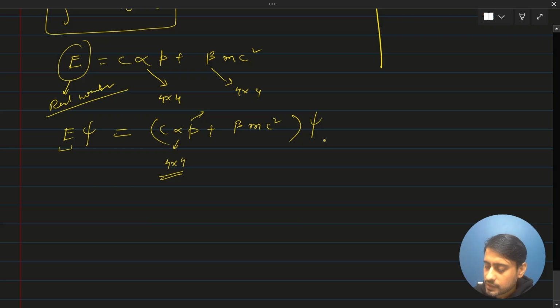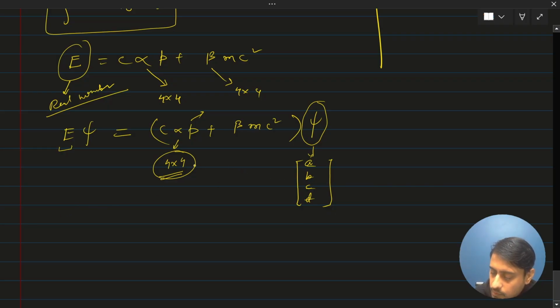If it is being multiplied with psi, a 4 by 4 matrix must be multiplied with a 4 by 1, so psi must be of this form. There may be 4 terms, which you can call A, B, C and D. So this should be the structure of the matrix of psi. The wave function has 4 components.